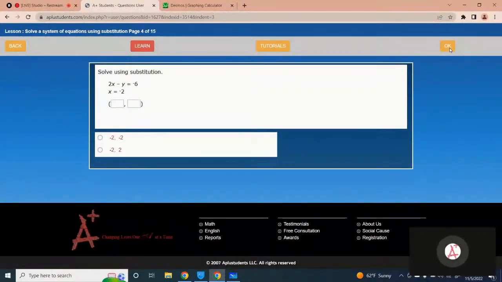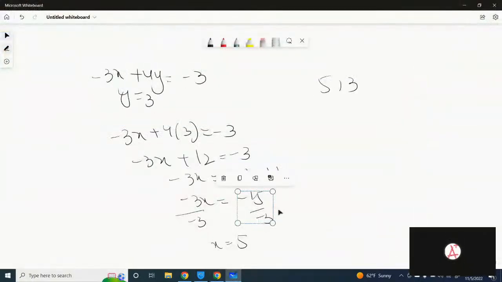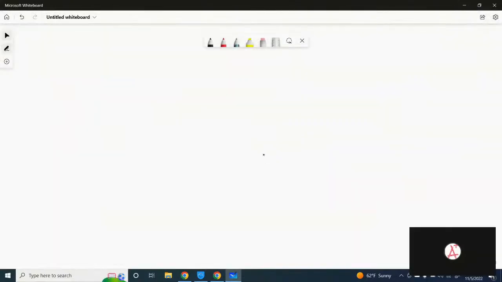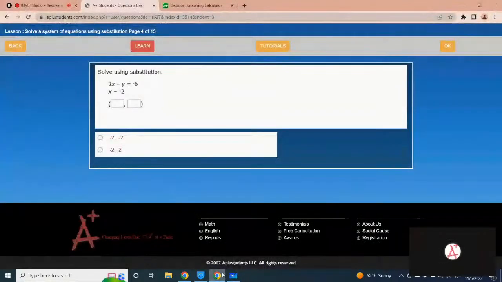Okay, 2x minus y equals negative 6. Here for both the options you have x as negative 2, so you have to check the answer. Got it? 2x minus y equals negative 6, and the value of x is negative 2.